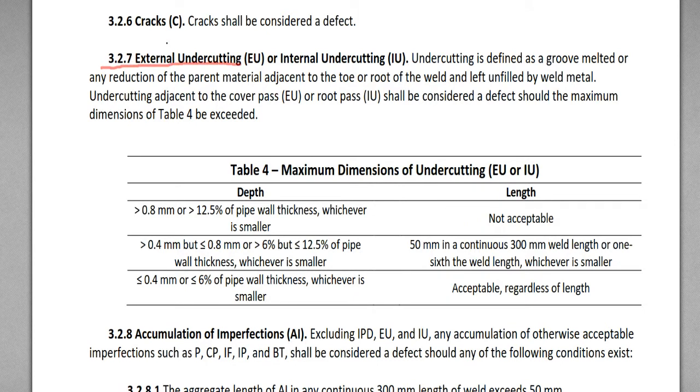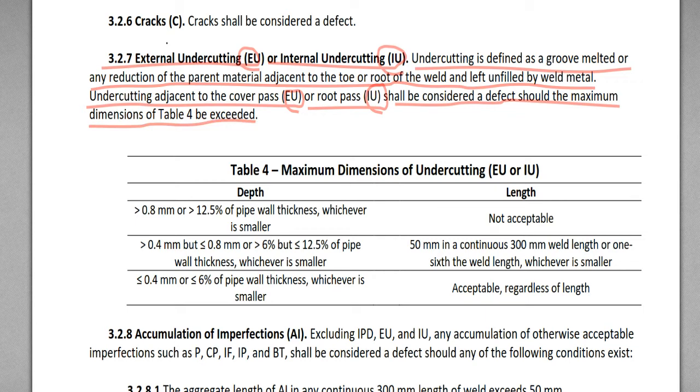3.2.7, external undercutting, EU, or internal undercutting, IU. Undercutting is defined as a groove melted or any reduction of parent material adjacent to the toe or root or weld end, left unfilled by weld metal. Undercutting adjacent to the cover pass, EU, or root pass, IU, shall be considered a defect should the maximum dimension of table 4 be exceeded.